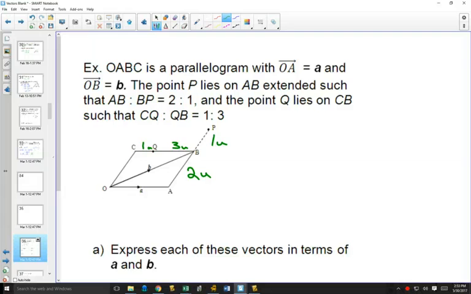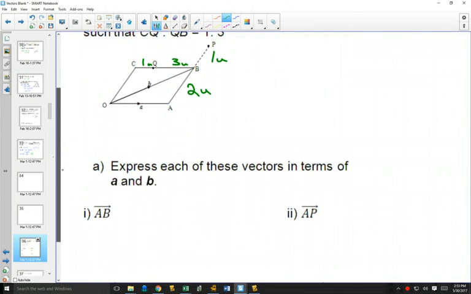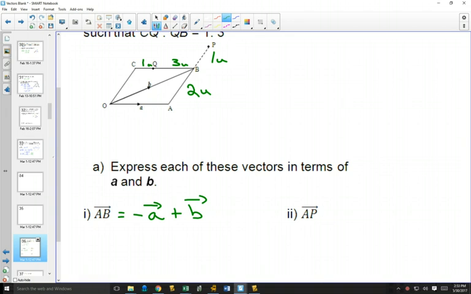We want to express each of these vectors in terms of A and B. Now, A to B, that one's really straightforward because you can just go negative A and then plus B. But how would we get from A to P?